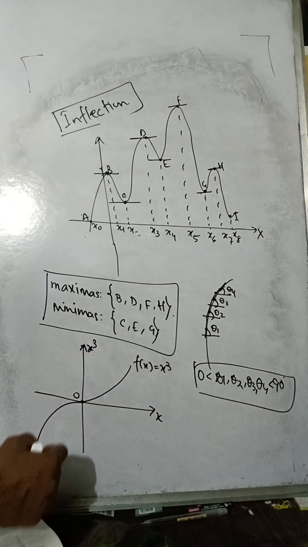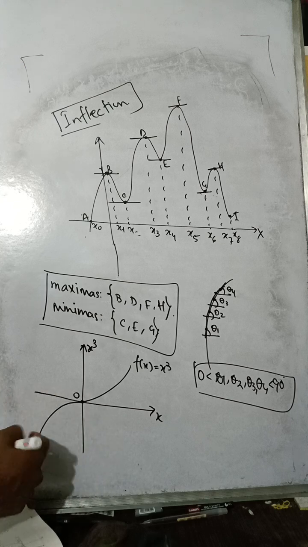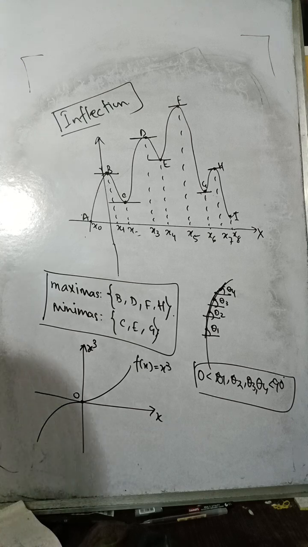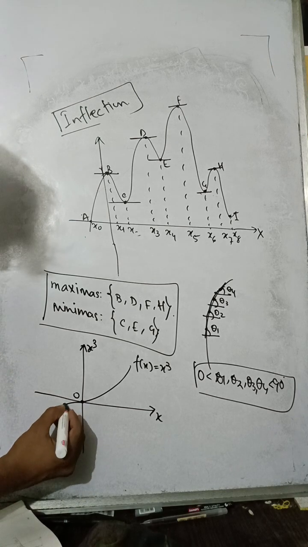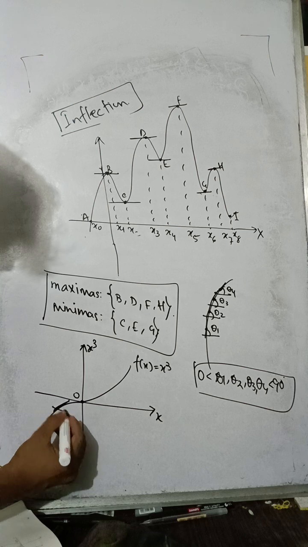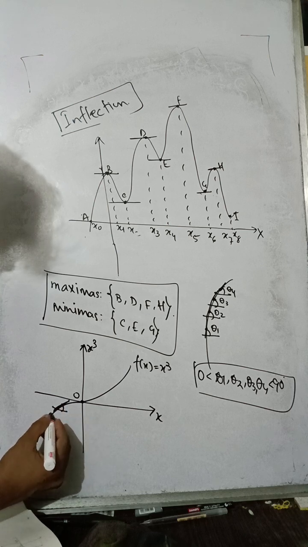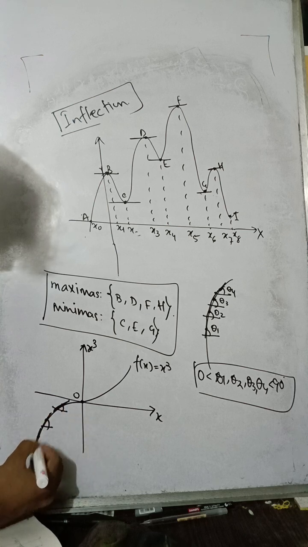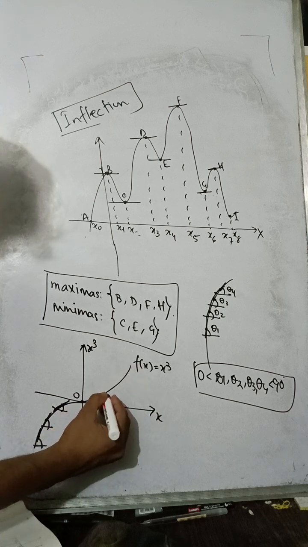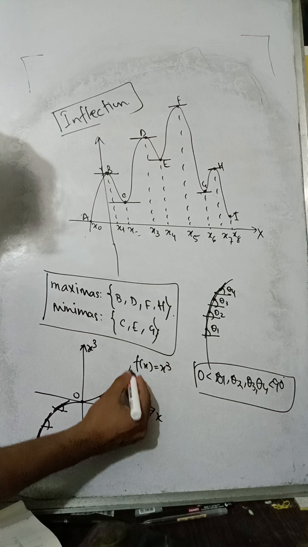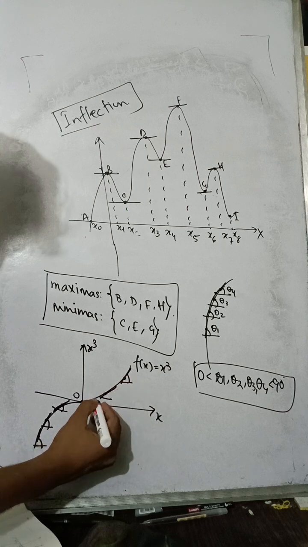Look, in the left hand part, whenever our x is negative, this is an increasing function, behaving like an increasing function. All the tangents that you draw, they are making an acute angle. All the tangents, they are making what? Acute angle. Again, in this part, this is also an increasing function.